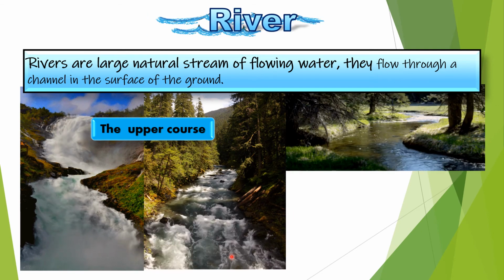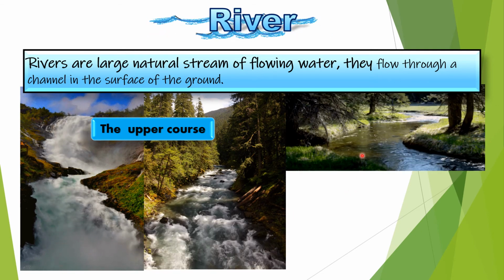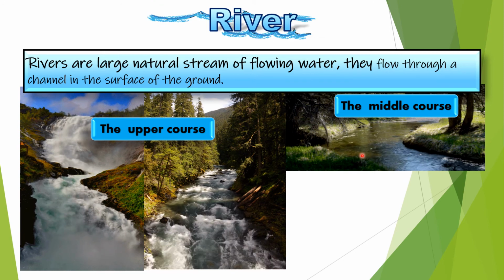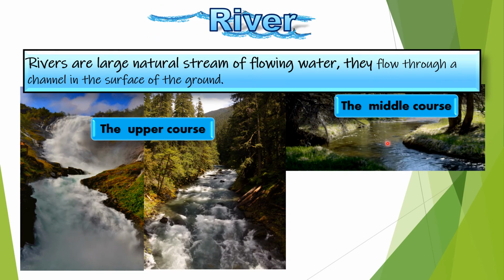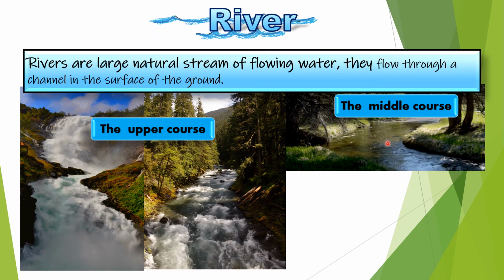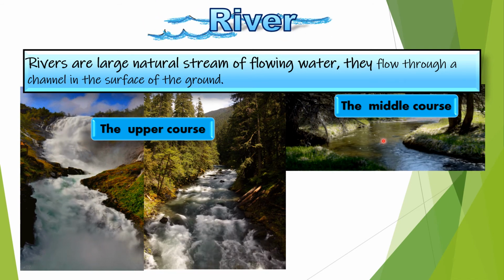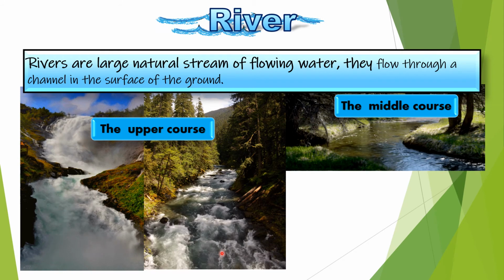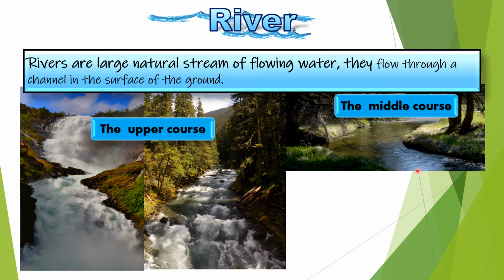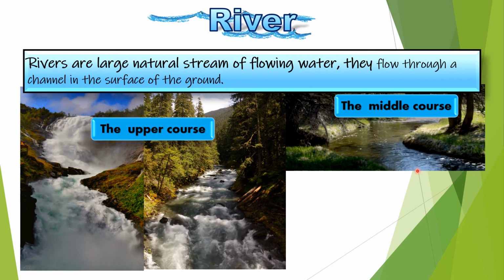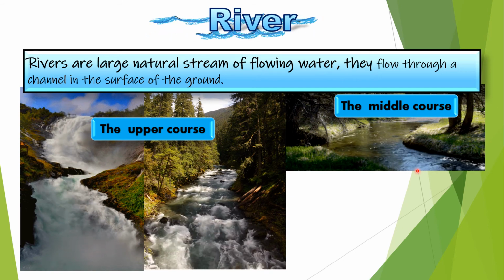Then comes the middle course or the mature course. In this, the speed of the flowing water reduces. You can see the speed of water here and here. In the first stage, it is really fast, and in the middle course, it goes down. Okay, and it covers plains.